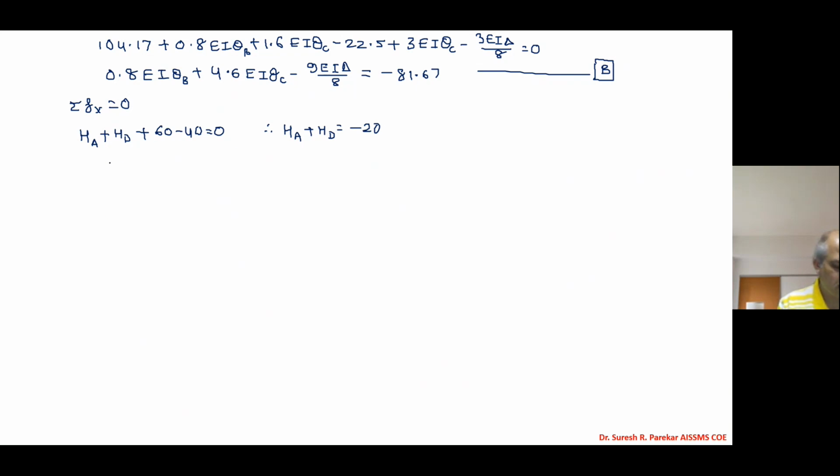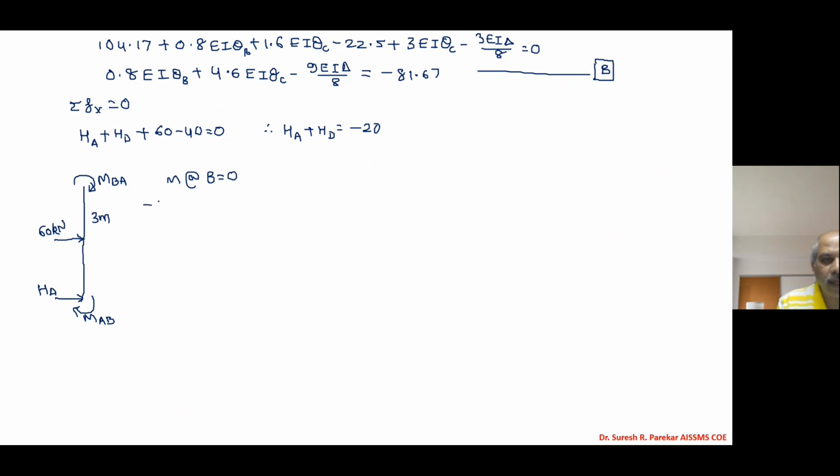Now we have to find the value of HA and HD in terms of MAB, MBA. So we will consider this column. We have this as MAB, MBA clockwise. This also we have to consider clockwise MAB. Then we have this force which is HA. Then we have the load at center which is 60 kilonewton at 3 meters. And then we will take moment about B equal to 0.